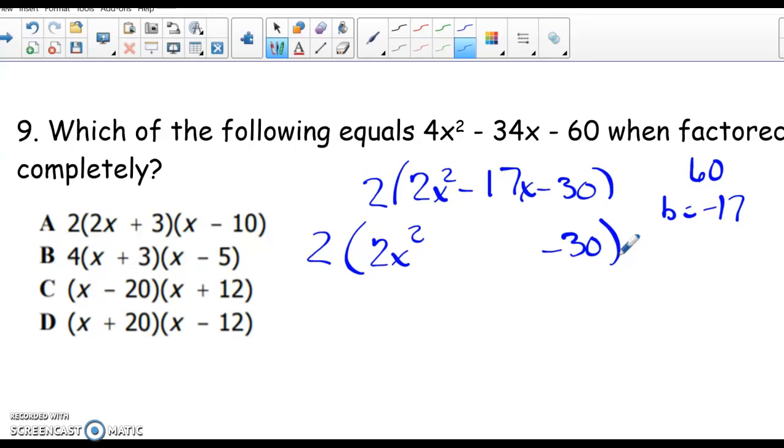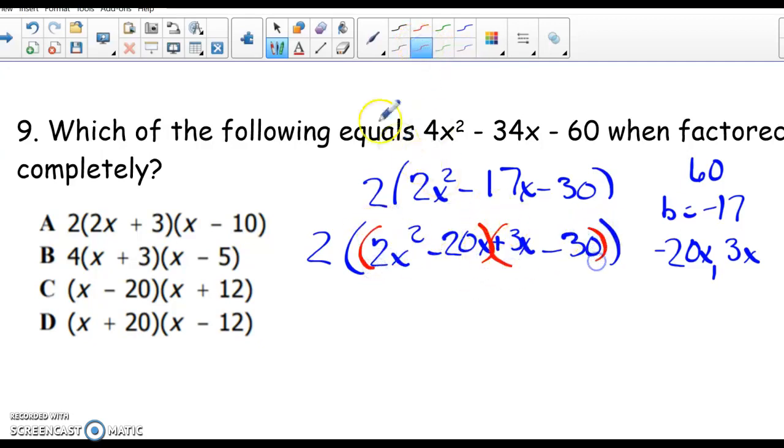So that's going to be 3 times 20 is going to give me 60. And to get a negative 17, I'm going to do a negative 20 and a positive 3. So minus 20x plus 3x. Then I group the first two items together and the last two items together. Continue to bring down my 2. What can I take out of this? I can take out a 2x.